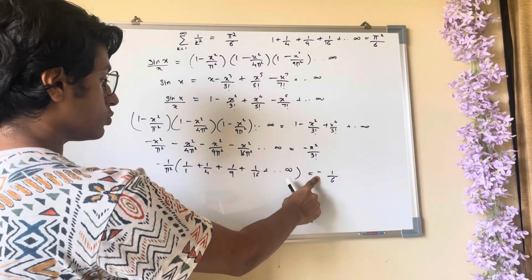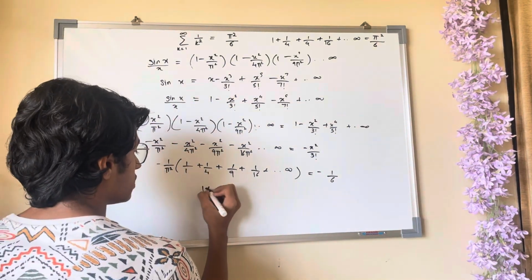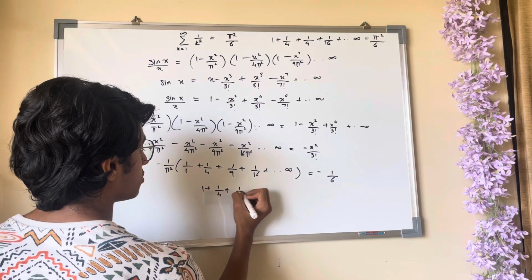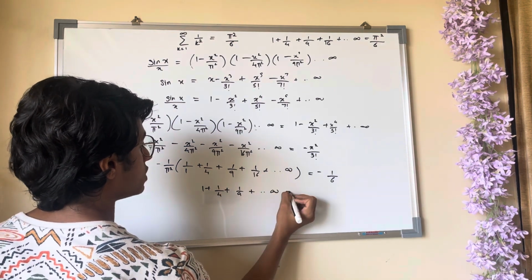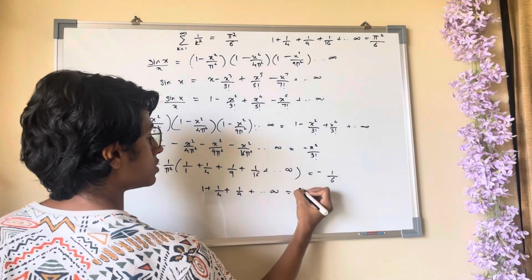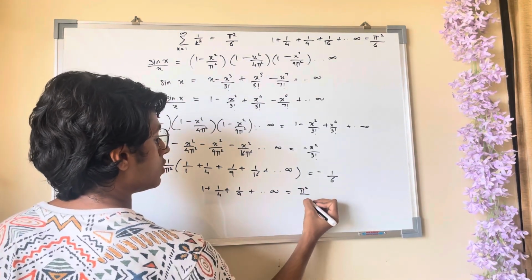If we cancel minus on both the sides, we will get that 1 plus 1 by 4 plus 1 by 9, so on till infinity, is equal to pi square by 6, as we multiplied pi square on both sides.